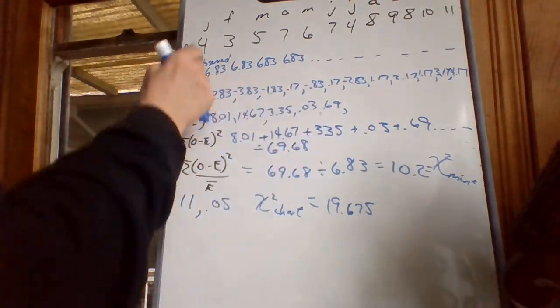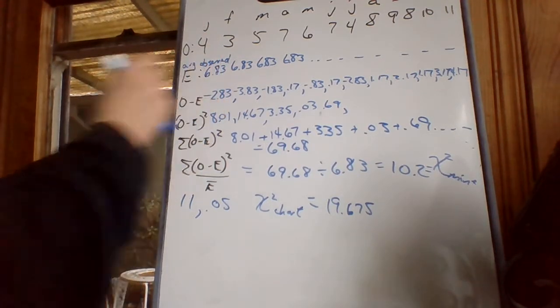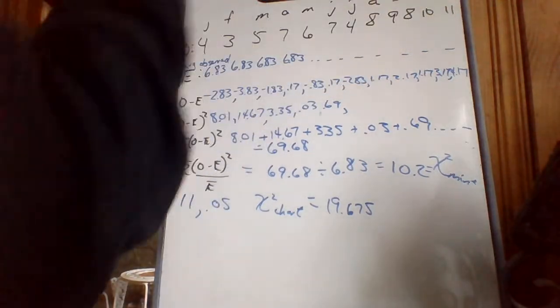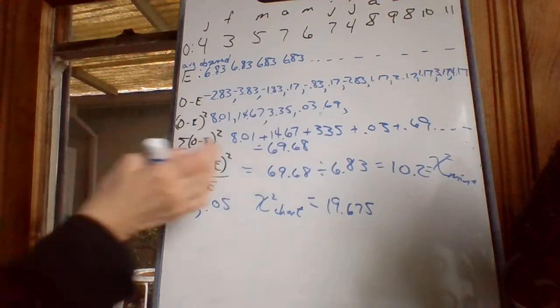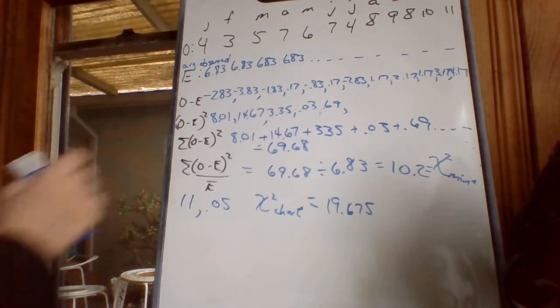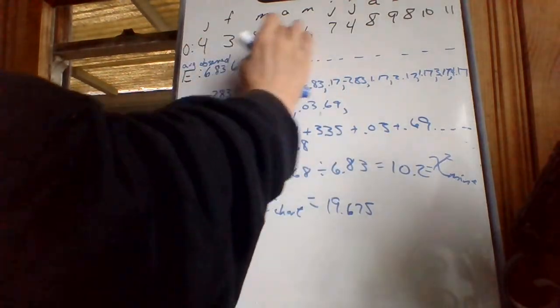If the observed numbers very nearly match the expected numbers, then I wouldn't have anything to worry about. It would be so small, I'd say, yeah, they're basically the same. So this is just measuring how wildly these are fluctuating away from that center point of 6.83. I mean, 11? That's like miles away. That's being taken into account when I do this, and that's why my number is way bigger than if it had all been 6s and 7s across here.